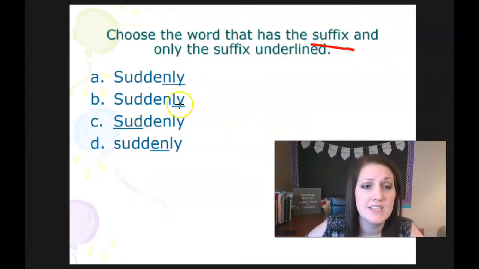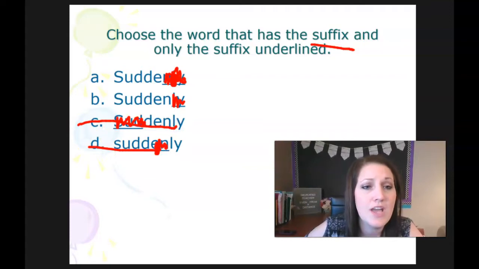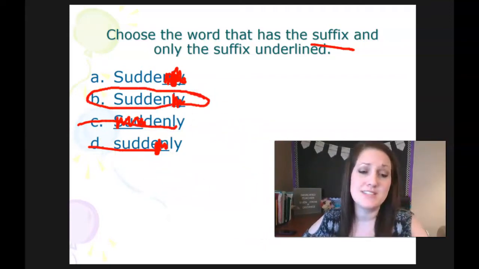Suffix is at the end. So we have NLY. So again, just think of it as if we take this off, we have the word sud. LY, sudden. We take this off, we have denly. And this doesn't even make sense because it's in the middle of the word. So it's definitely not D or C. So is it A or B? Just like before, suddenly is the word sudden.